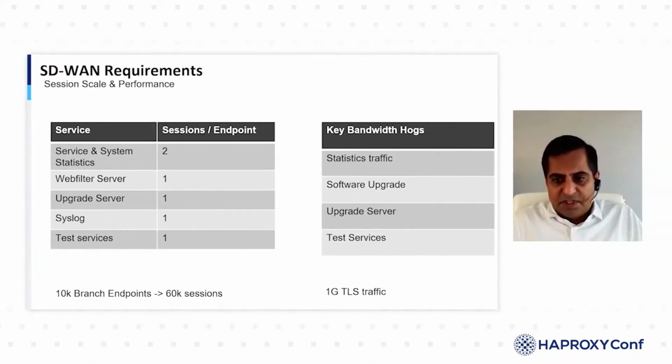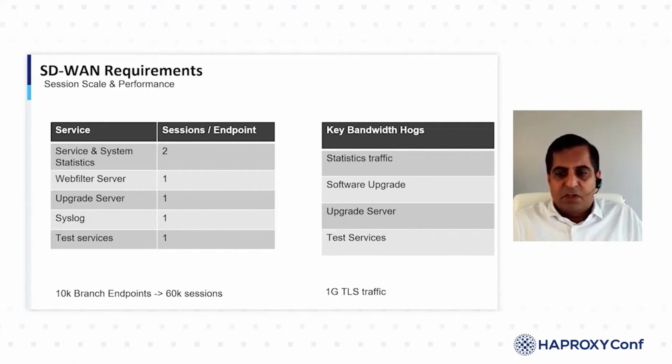So for a combination of these 3 traffic categories, in addition to the control and management traffic which the utility host has to handle, we believe that 1 gig TLS traffic should fit the bill. And HAProxy currently supports more than that as far as TLS traffic is concerned. So we believe that from a scale and performance point of view, HAProxy definitely has support for the required scale as well as the performance.